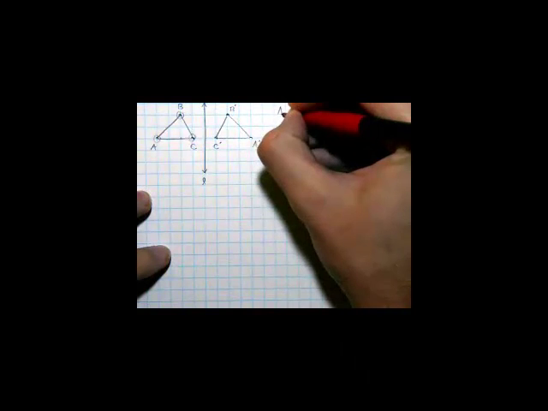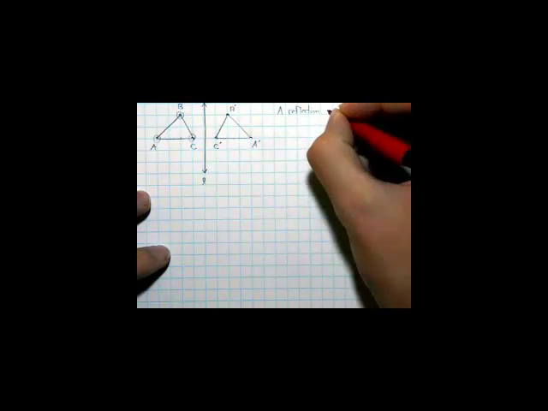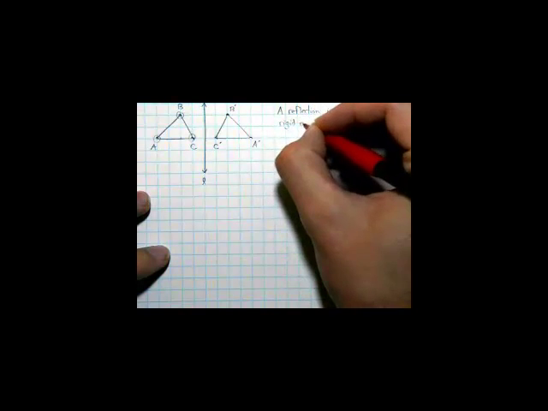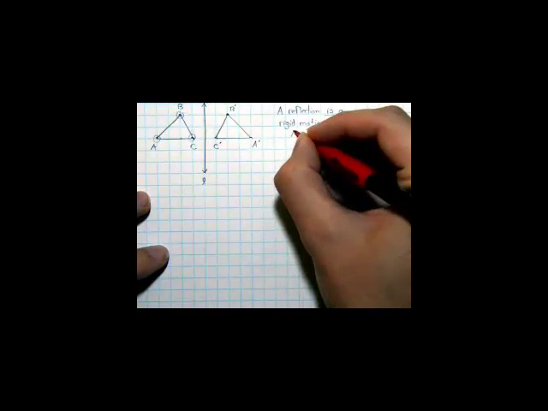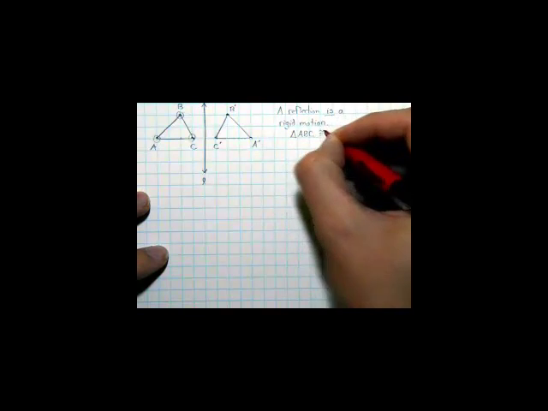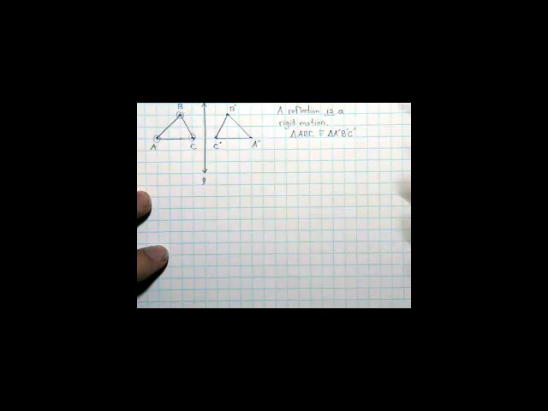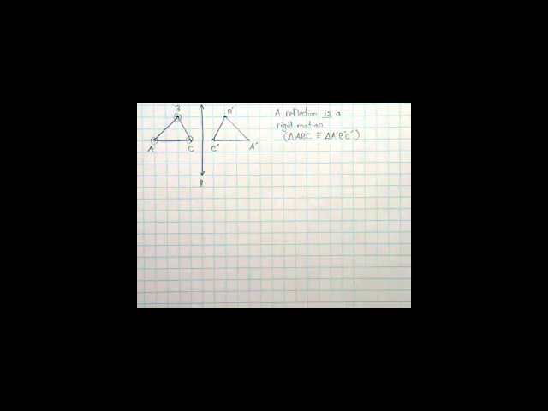So I'm going to jot that down. Okay, it is a rigid motion because triangle ABC is congruent to triangle A prime, B prime, C prime. Okay, everything still matches up, it's just flipped around there.